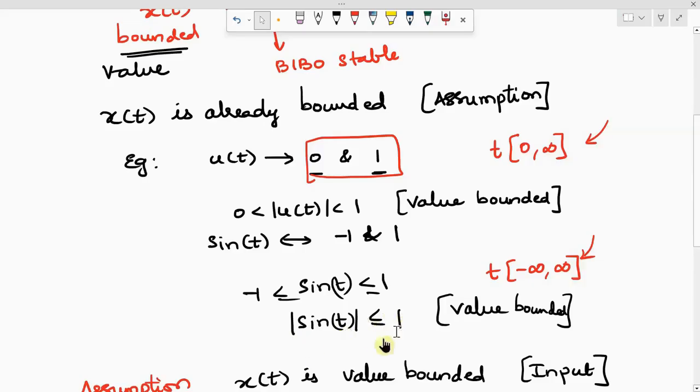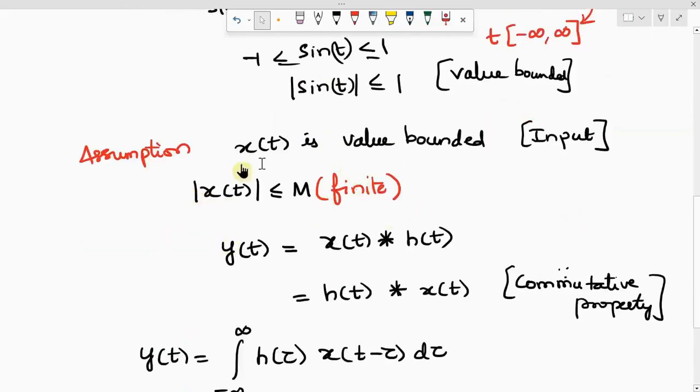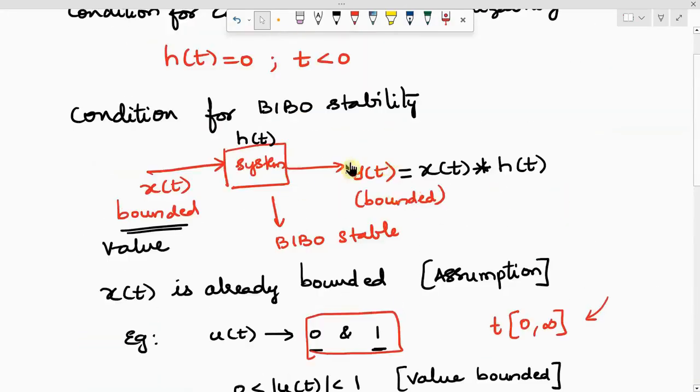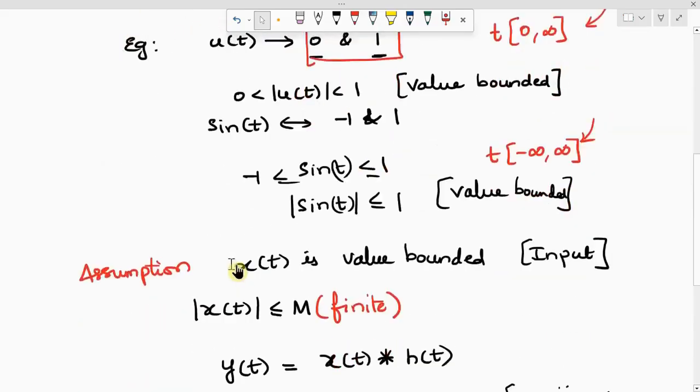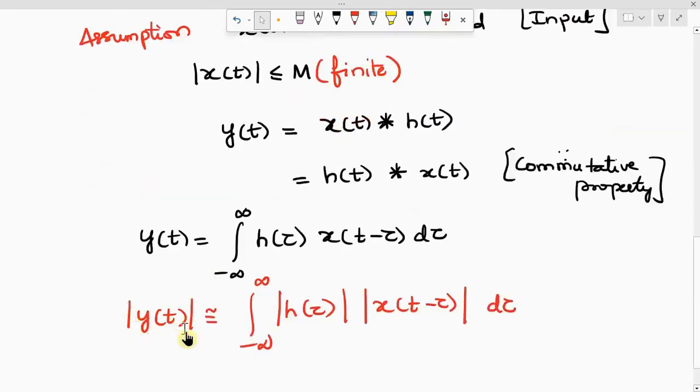In this form, which I represented here as sine t, I am writing x of t like this. Till this point, is this clear? Yes. Okay. So x of t is bounded means I'm representing that statement in a mathematical form like this. Now I am checking whether the output is bounded or not. That's the reason I am representing the values of y of t with this modulus. So the reason for applying the modulus is because we are checking the boundedness of y of t. Okay.